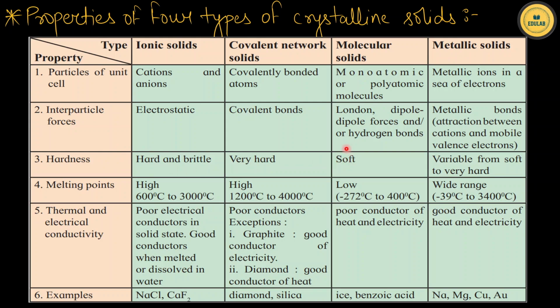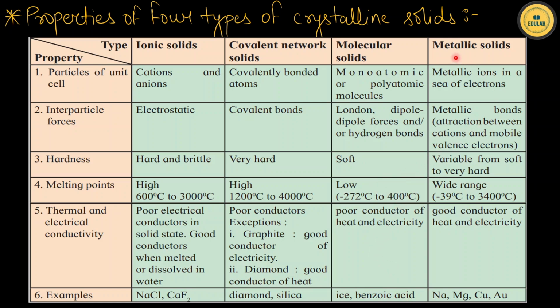Molecular solids are soft, and melting points of molecular solids are low, that is minus 272 degrees Celsius to 400 degrees Celsius. Next one is thermal and electrical conductivity of molecular solids, which is poor conductor of heat and electricity both. Examples of molecular solids are ice, benzoic acid.